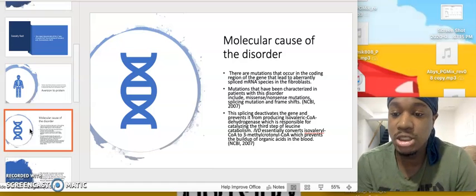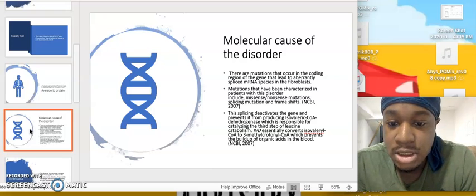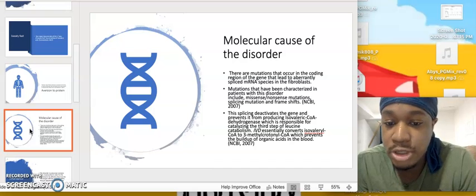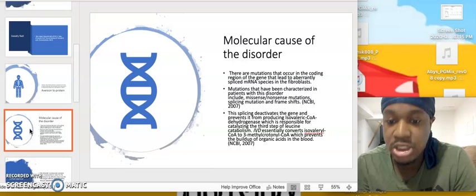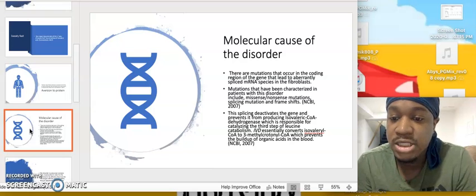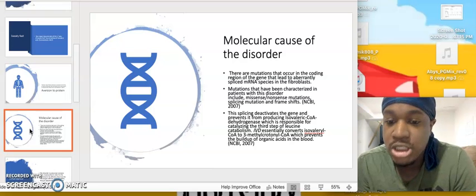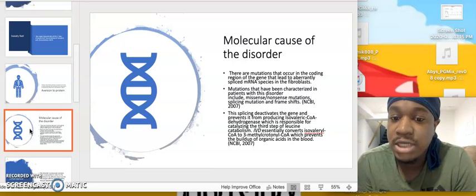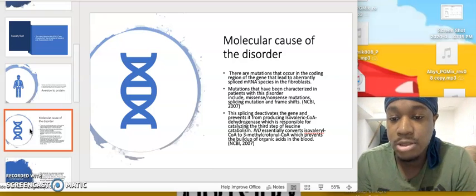And the mutations that are commonly found in individuals with this disorder include missense and nonsense mutations, splicing mutations, and frameshifts. So basically, the splicing deactivates this gene and it prevents the production of isovaleryl CoA dehydrogenase, which is responsible for catalyzing the third step of leucine catabolism.